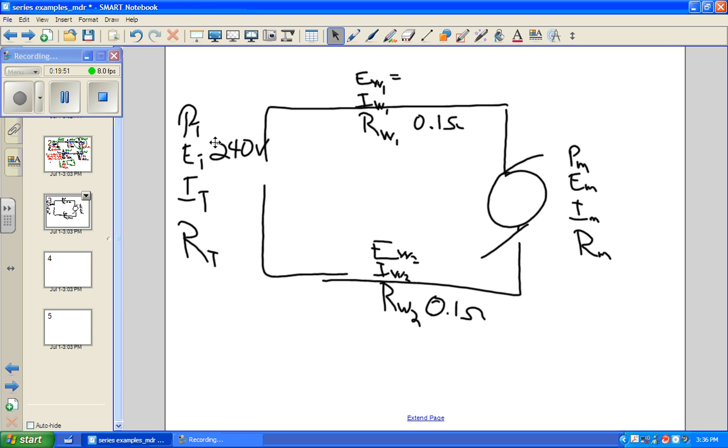We treat the wires as a resistor. We've got two resistors, they're both in series, and the total resistance is 2/10 of an ohm. So we're going to look at this as two different resistances, one going, one coming back, just because that's the way I would like to do it. Now we have a motor, and it is drawing 30 amps. I forgot to put that on here.